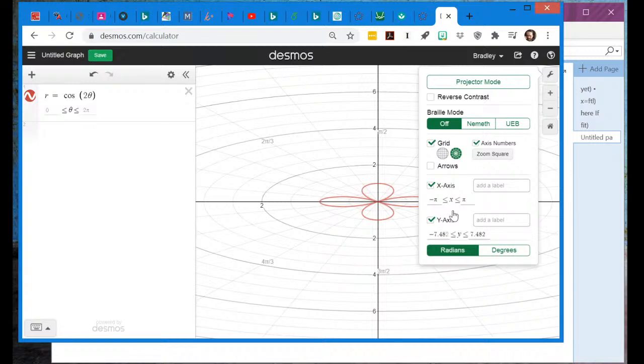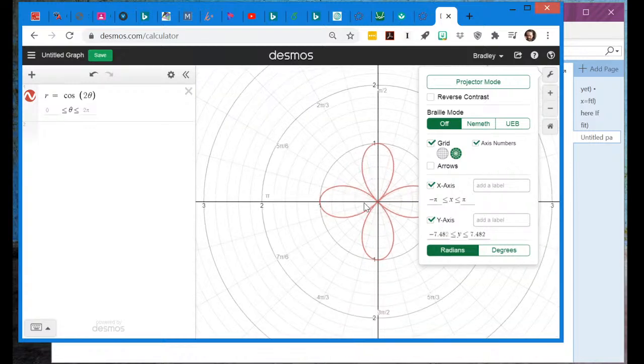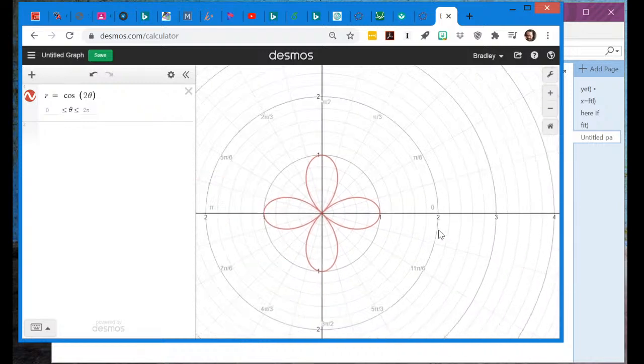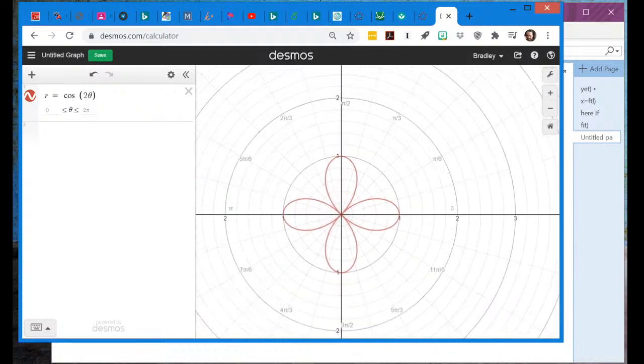Let's zoom square. Okay, it looks all right. So anyway, here it is. r is cosine 2 theta from 0 to 2 pi. And that's what it is.